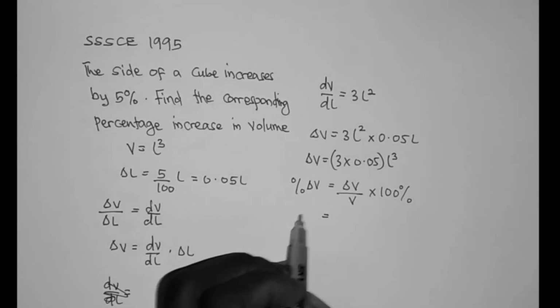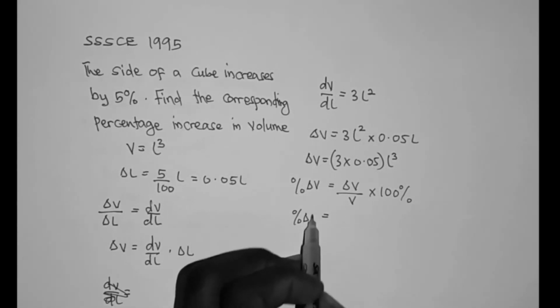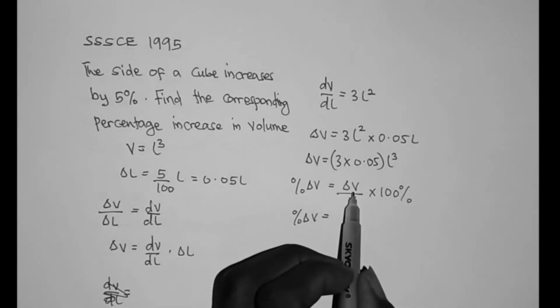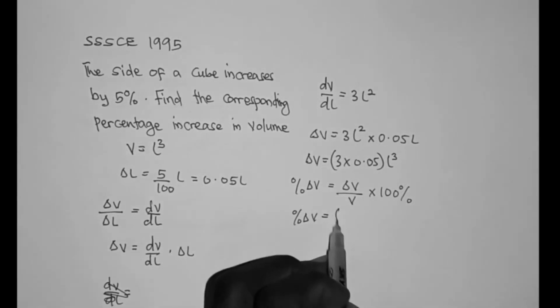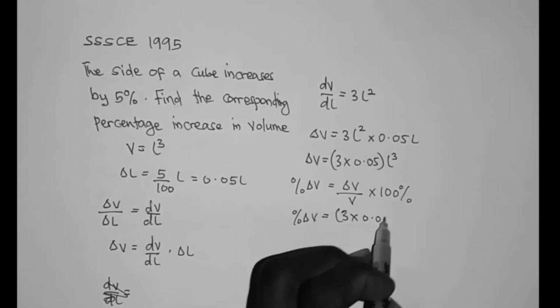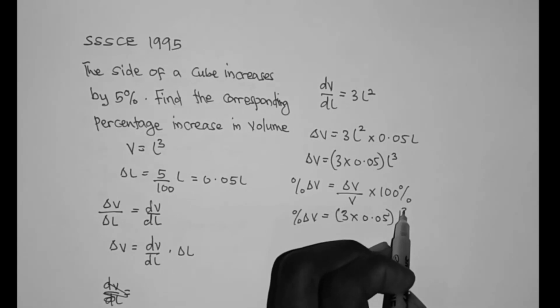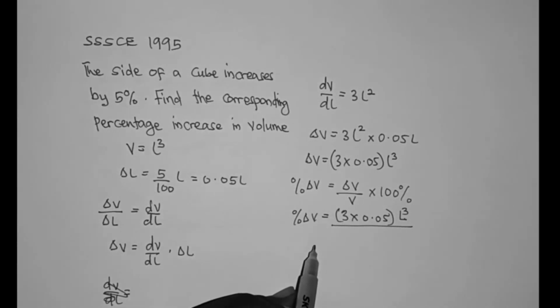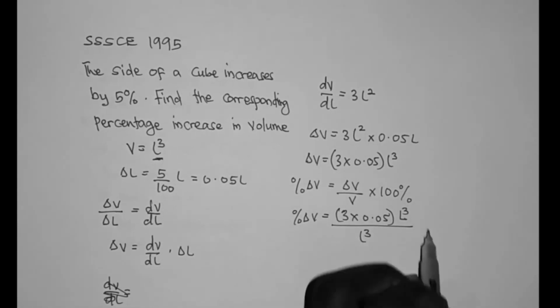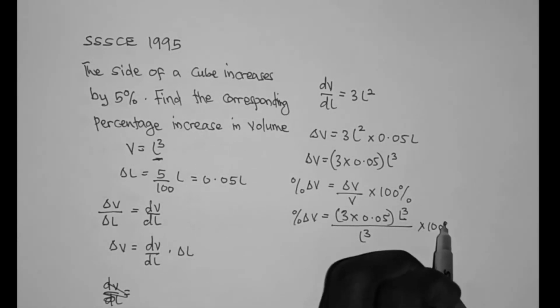So the percentage increase in volume equals the increase in volume, delta V, which is what we found earlier, 3 times 0.05 L cubed, divided by the original volume. The original volume is given as L cubed, times 100%.